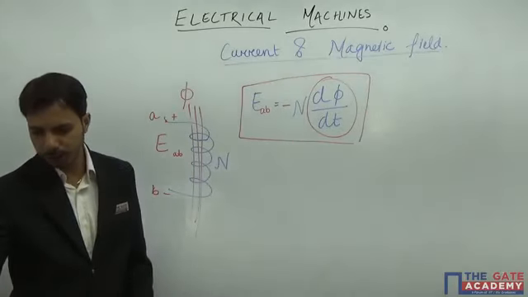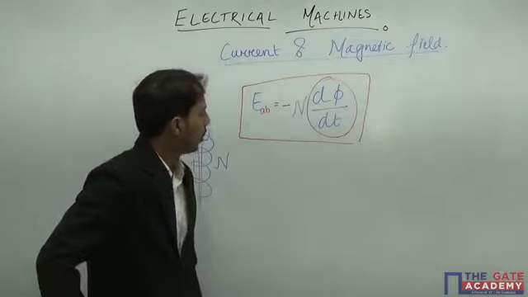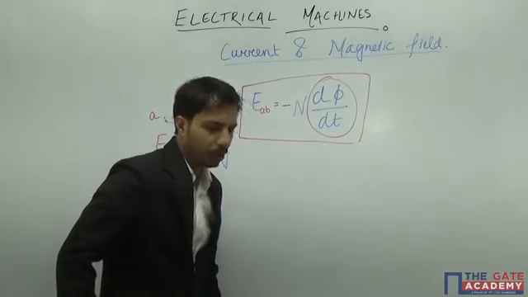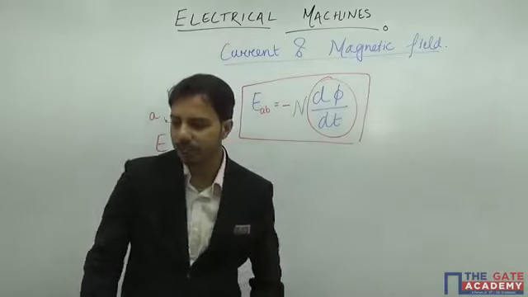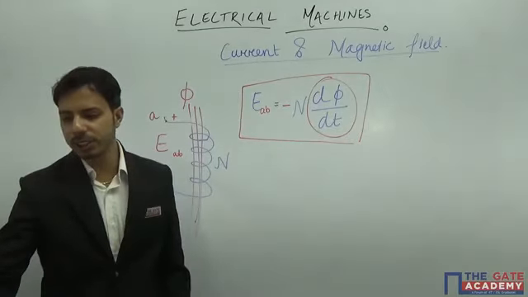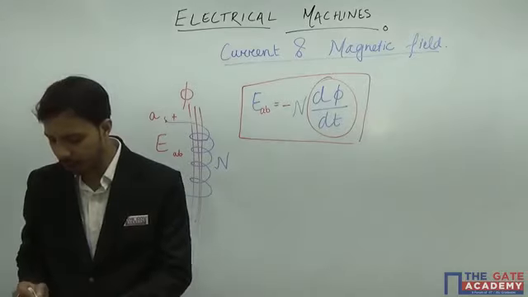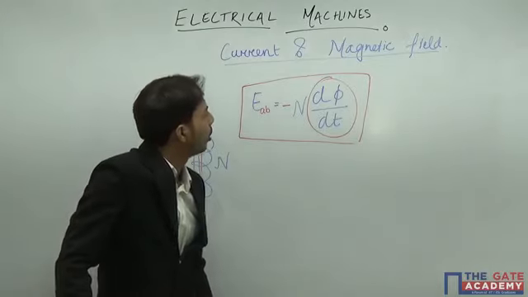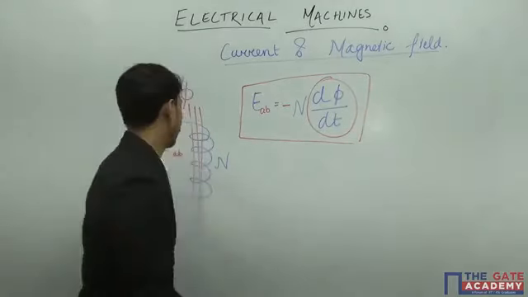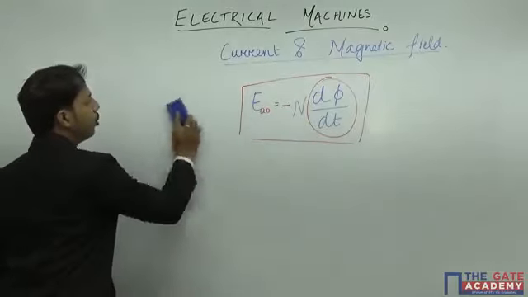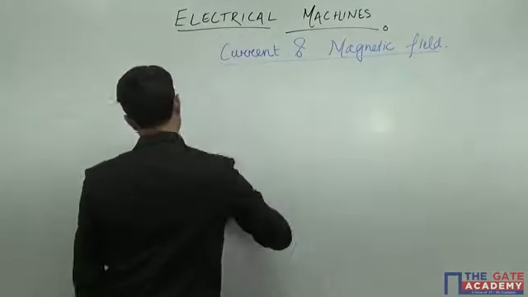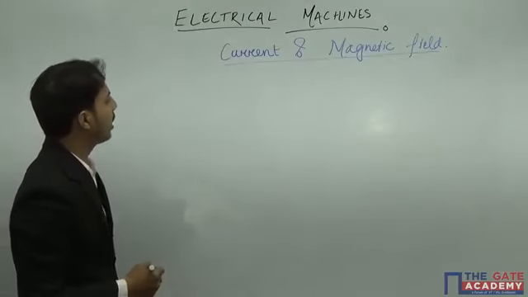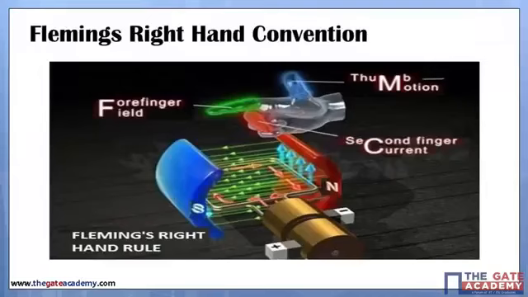Now suppose a particular situation is given, then how do we find out the direction of the EMF which is induced? By using Faraday's law, we can define a convention which is called Fleming's right hand convention, you can see in your PPT also.